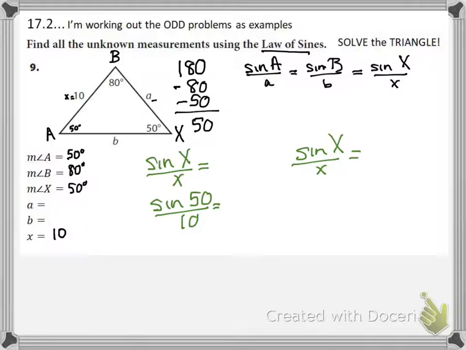Over here, though, I need something else. If I wanted to find, let's find A first, the sine of capital A, which is 50 degrees, over lowercase a that I don't know. This wouldn't have worked very well if I didn't figure out that angle first.